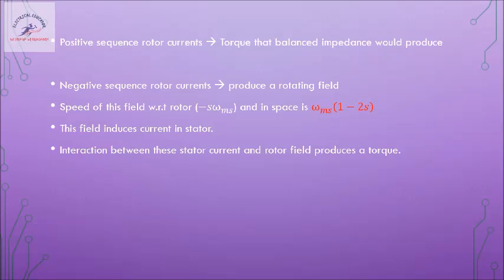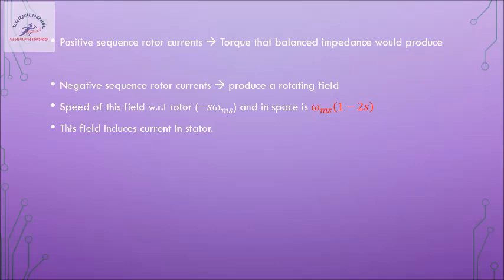So now what is a torque? Torque is nothing but an interaction between a magnetic field and current. If a conductor is placed in a magnetic field and it is a current carrying conductor, then that conductor will experience a force, and if it is moving in a rotational motion, we call it a torque.